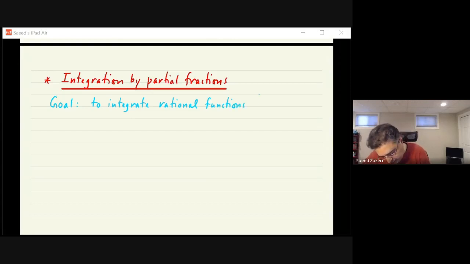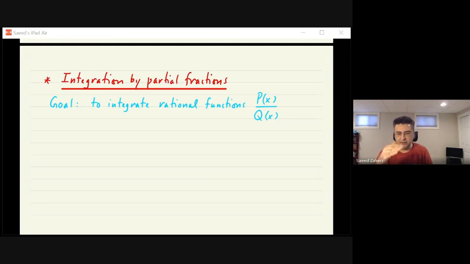of this form. So rational, remember that a rational function by definition is the ratio of two polynomials. So for example, x squared plus 1 on the top, x cubed minus 2x squared plus 5x plus 7 on the bottom.